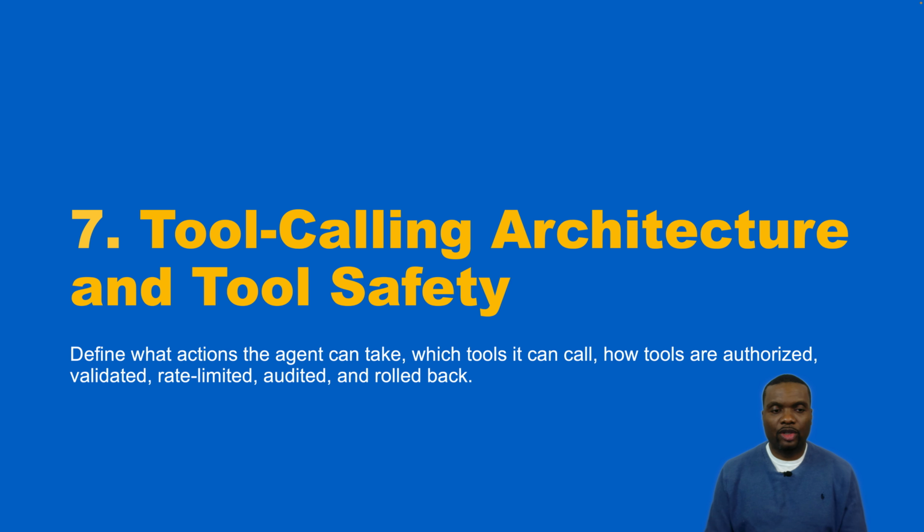Tool calling architecture and tool safety is very important. Making sure that we have proper descriptions for the tools, making sure that the tools are not too similar, making sure that we're only bringing in the tools that we need to perform the task. There's no need to load all the tools if the agent does not really need them to function.